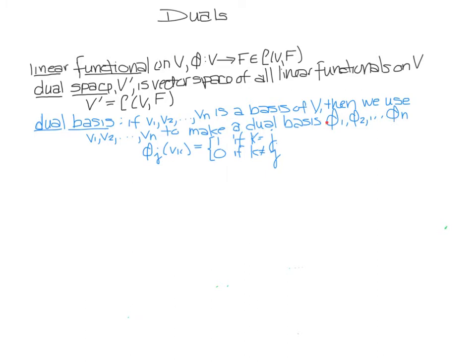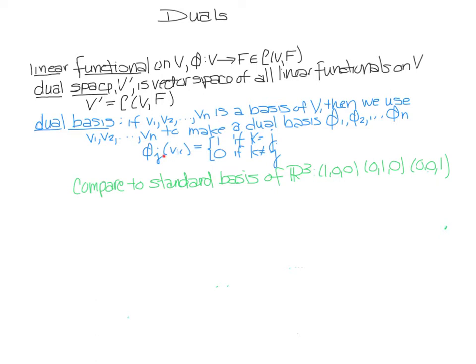So we're going to define each of our basis vectors, phi sub j, and again, each of these phis map from V to F. So they take a vector V sub k, and we're going to map it to the scalar 1 if j equals k, and 0 if they are not equal. The look of this basis is totally analogous to the standard basis of, say, Rn or your standard basis of polynomials.